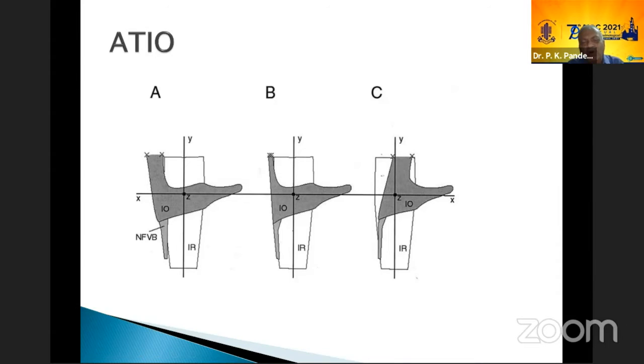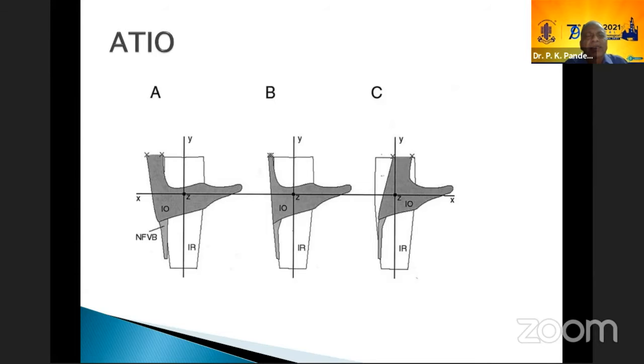Now, if you take it more nasally, just close to nasal to the y-axis, this anti-elevation effect will not be there. So it is not easy to put it there. That is why we went into anterior nasal transposition of the inferior oblique.